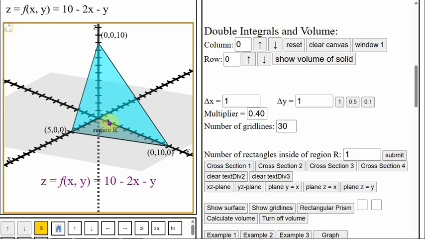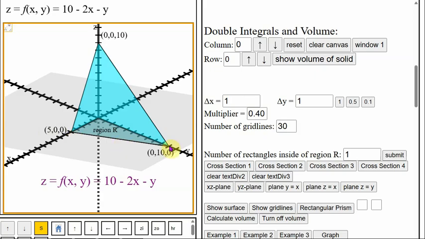Here's the plane z equals 10 minus 2x minus y again. To find the point of intersection with the z-axis, we set x to 0 and y to 0, and we get z to be 10. The intersection on the x-axis is when we set z to 0 and y to 0, and we get x to be 5.